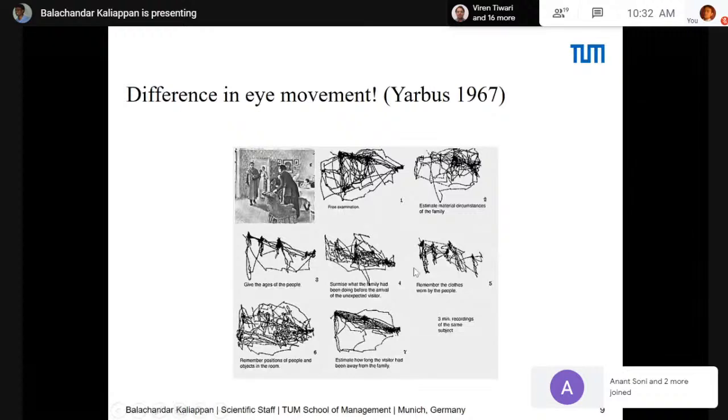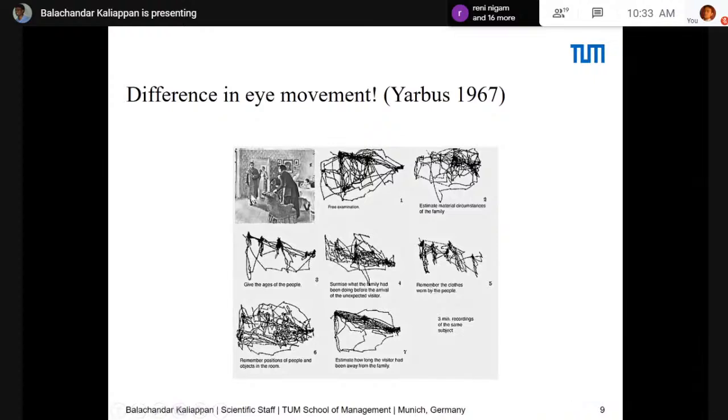And then there were other tasks like, remember the clothes worn by people. When it was given, people normally looked at the clothes of people, which you can also see here. Now they are not looking at the face, but just at the clothes people are wearing. So your eye movement depends upon the objective that you have.